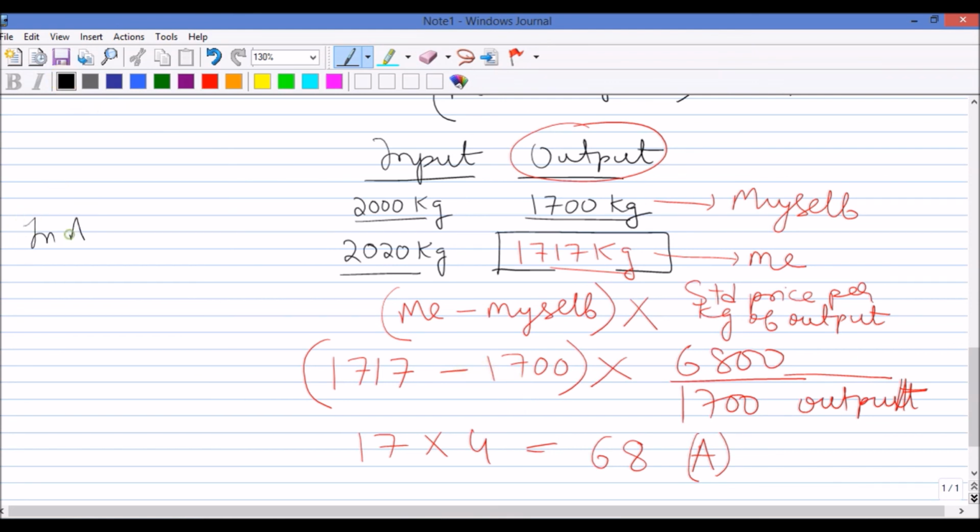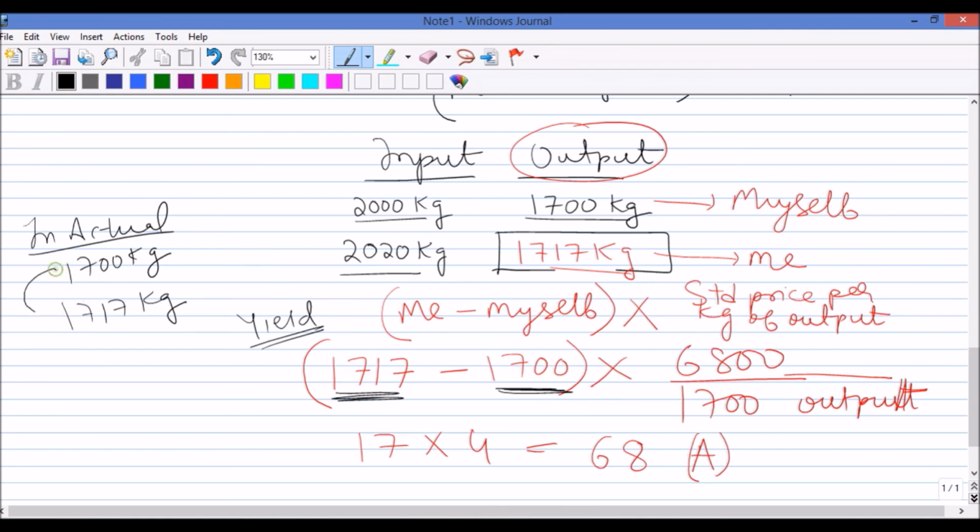In actual, that is in real, you are making 1700 kg, but the yield variance says that you should have made 17 kg. It means as per the yield variance you have made 17 kg less. That's why it is giving you a adverse variance.